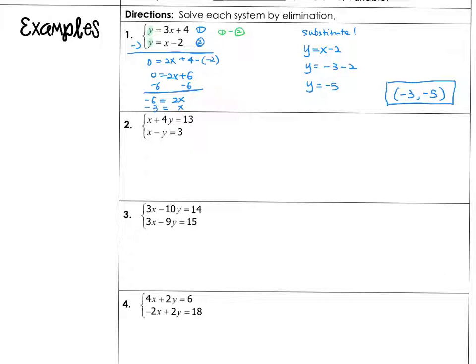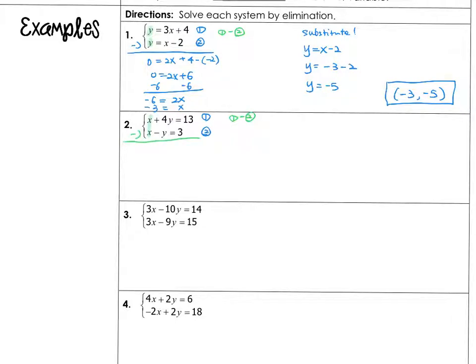Okay? Let's look at the second example. I have x plus 4y equals 13. That's the first one. And x minus y equals 3. So that's the second one. So again, here I have a common coefficient of 1 there. So I'm going to use equation 1 minus equation 2.